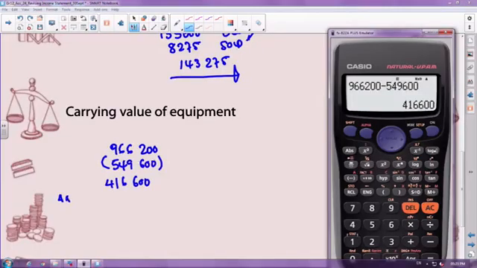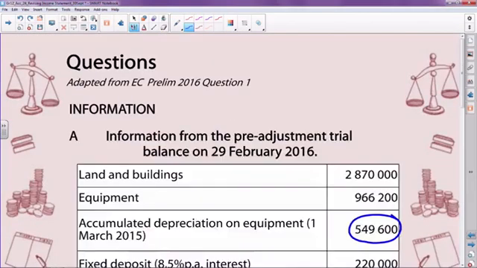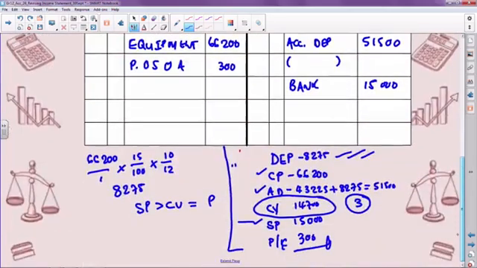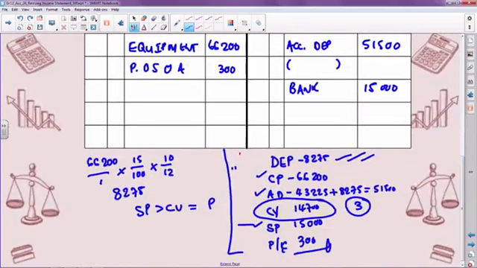Okay, let's say additions at cost. We know no new equipment was bought, so no figure necessary. What about disposals at carrying value? You remember that one? I said we're going to have to use that particular one when doing note number 3. Let's identify that figure so you can see what I'm referring to. Here we go, 14,700. Can you see it? We've calculated it.